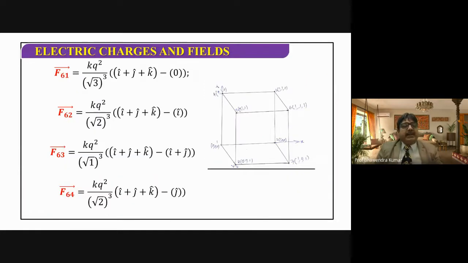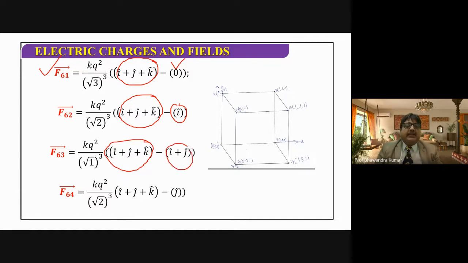So all of you are getting these results? For F61, I'm writing R2 as I plus J plus K, R1 as 0. For F62, R2 is I plus J plus K, R1 is I cap. For F63, R2 is again I plus J plus K, and R1 is I plus J. Is it clear?